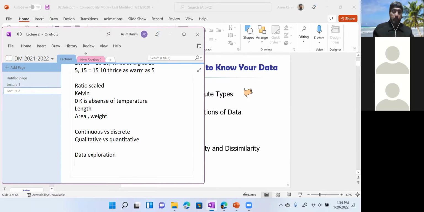We would like to characterize usually single attributes or single objects at a time, or maximum two attributes or two objects at a time, because this is our data understanding part. We are not worried about deeper analysis at this point in time.